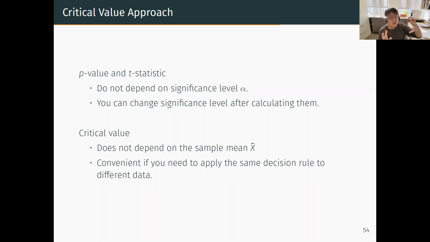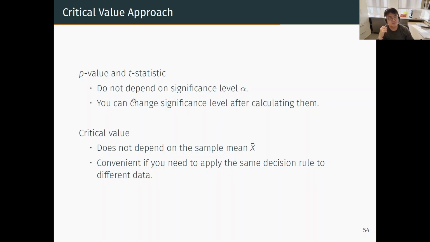So one method could be more convenient in a certain case. For example, p-value and t-statistic do not depend on the significance level. So if you want to change your significance level after calculating those things, then these are more convenient.